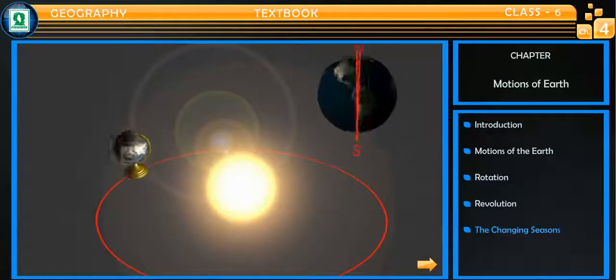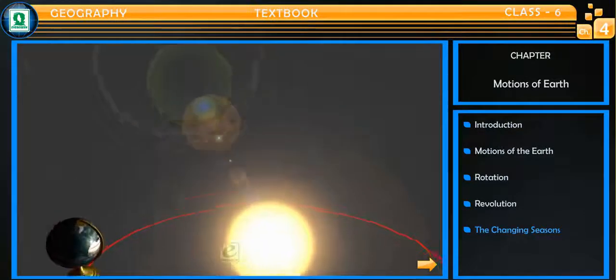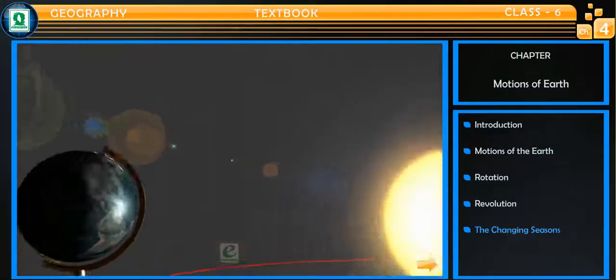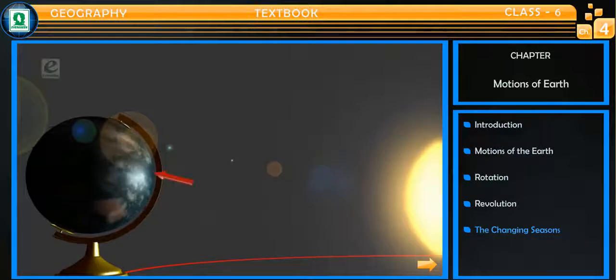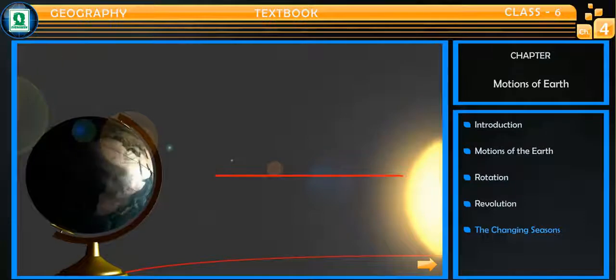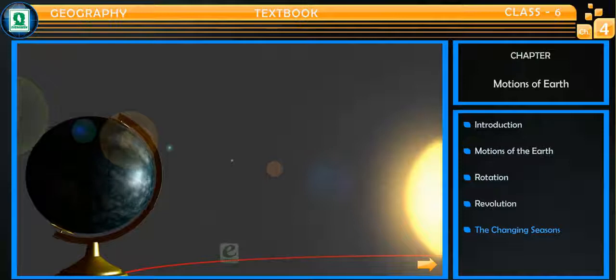On 21st June, due to the tilt of 23.5 degrees, North Pole is inclined towards the sun and the South Pole goes away from it. The overhead sun is over the Tropic of Cancer, so the rays of the sun fall vertically at the Tropic of Cancer because the North Pole is tilted towards the sun. Therefore, the part of the Earth which receives more light and heat will have long day and hot weather.